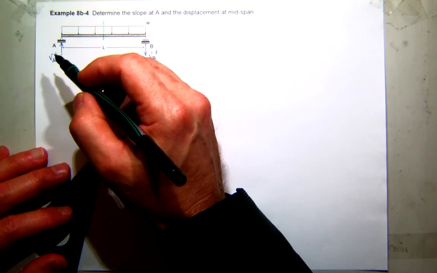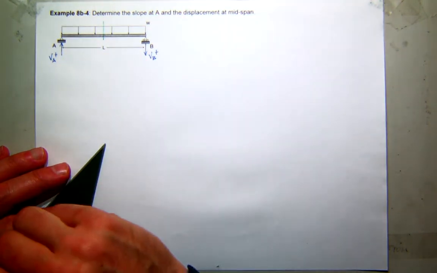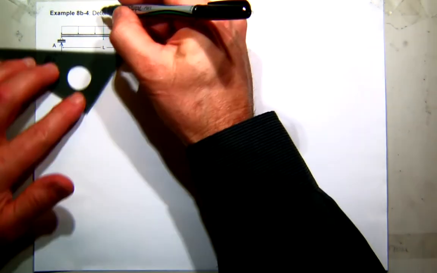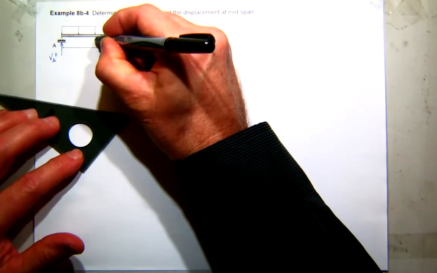You're probably not going to find the slope at A and then work the right side. So I'm going to be looking this way when I do my section.